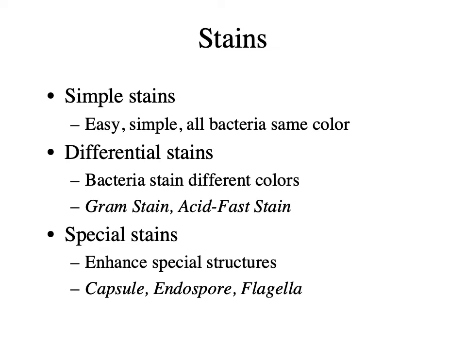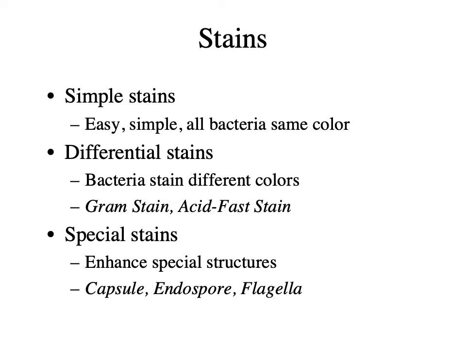We're not looking for anything specific about the specimen, but we are able to see the morphology, which is the shape, and the arrangement. In a differential stain, we are looking for something specific, something different about our specimen, about the culture that we have made.